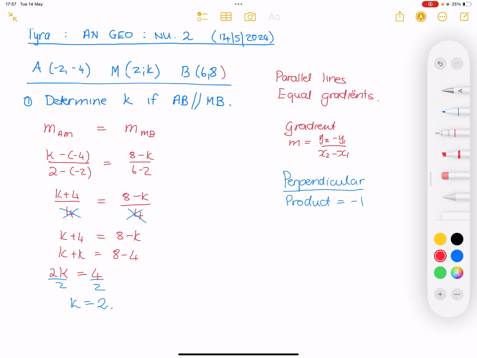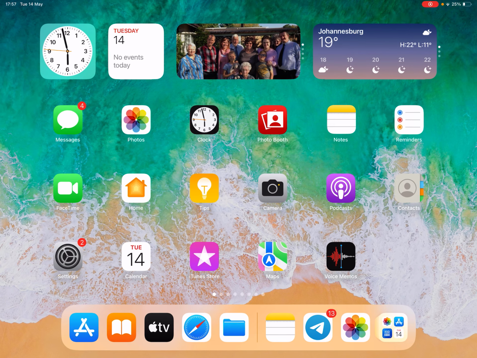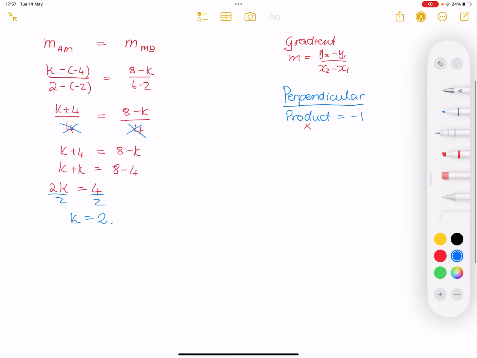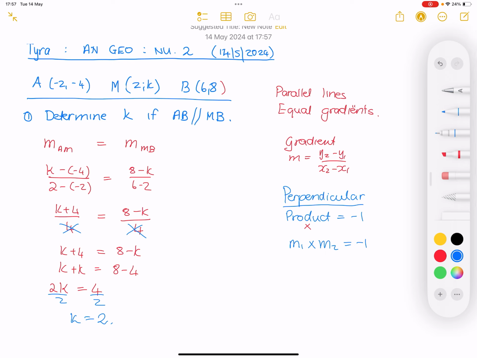So if you multiply them, you're going to get an answer of minus 1. So now we say M1 times M2 must be equal to minus 1. These two formulas are very important to remember.